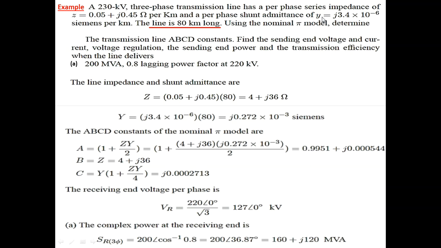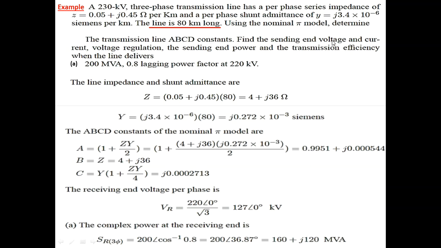Here, the shunt admittance is given by small y equals 3.4 times 10 to the power minus 6 siemens, small because it is given per kilometer. So we would like to calculate the ABCD constants of the two-port network model.